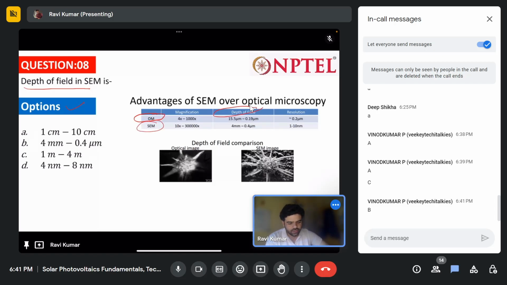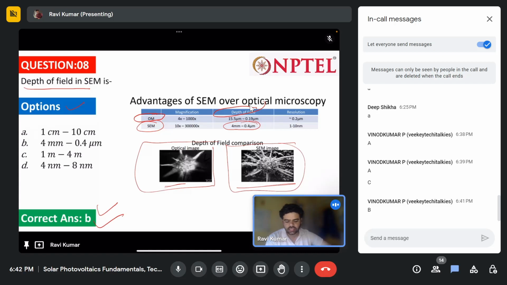The depth for this is 4 mm to 0.4 micron. You can see the difference in the image. It is an optical image and this is the same image, so it is much clearer compared to this. Yes, the answer is B.